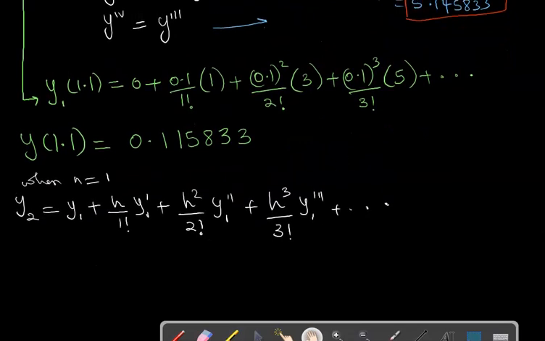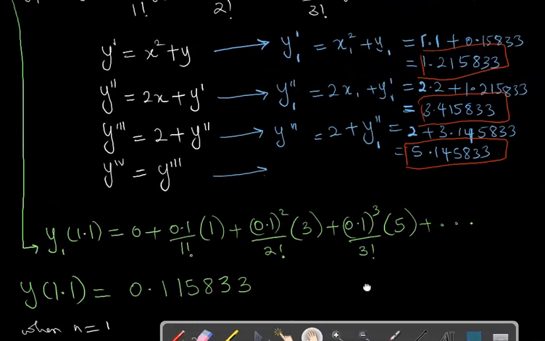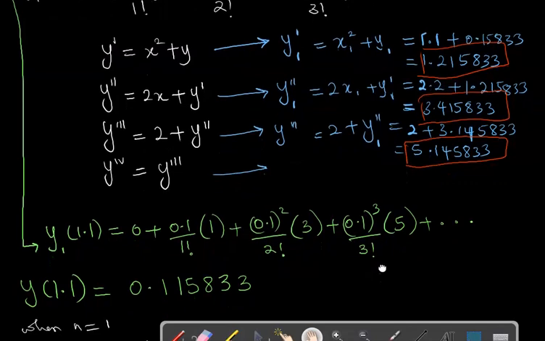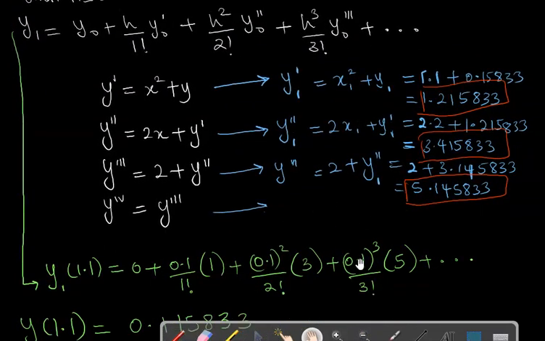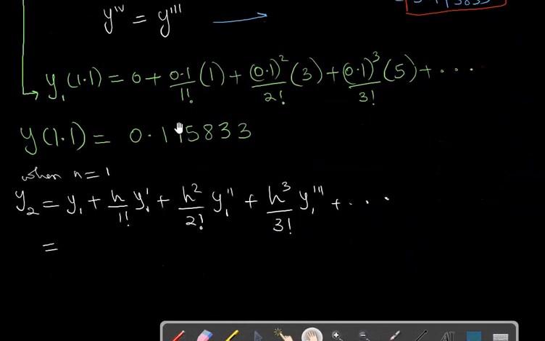Then we go back to where we have this expression. The second value is going to be y1. Y1 now is actually 1.2. Y1 is actually the last value that we got, that is this one.